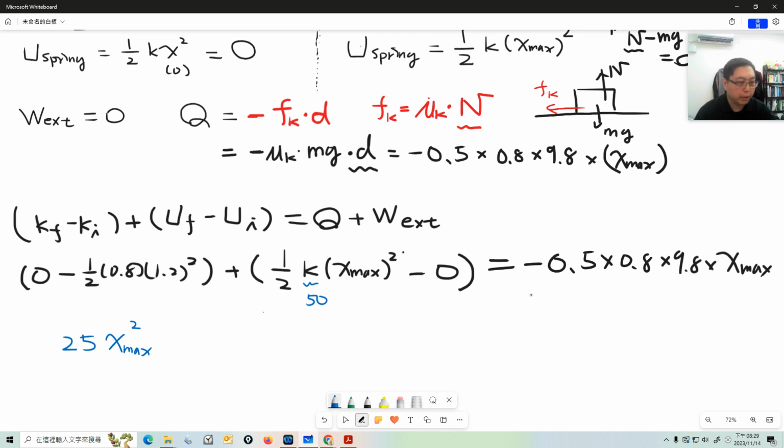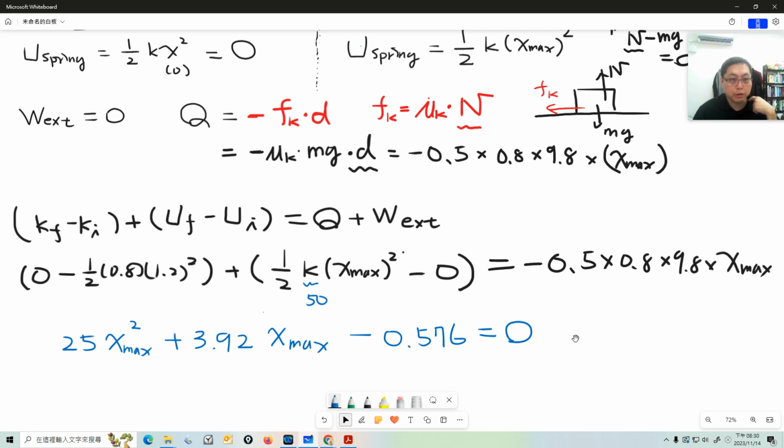Then I use a calculator for 0.5 times 0.8 times 9.8. What's the value? 3.92. So plus 3.92 x max, minus 0.576 equals 0. Then we have a quadratic equation.